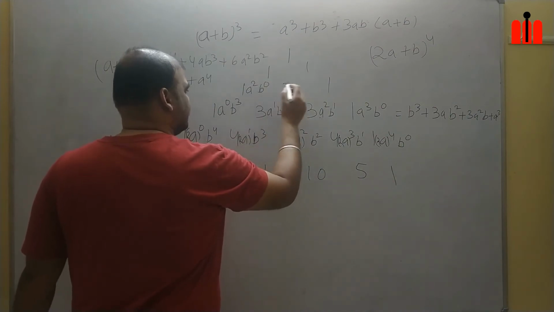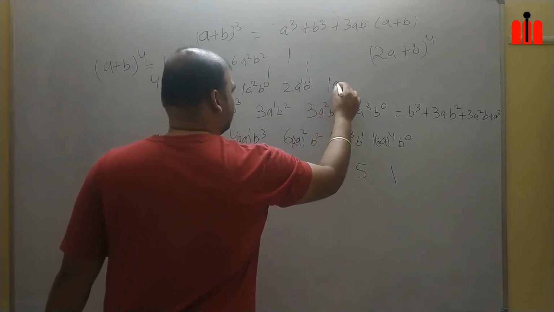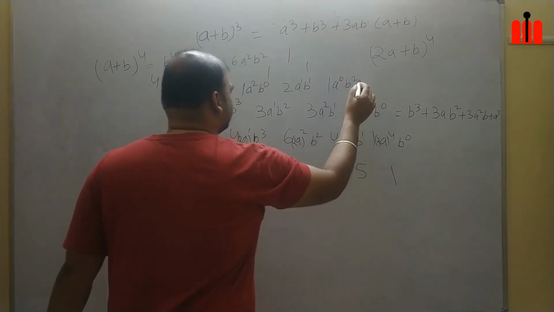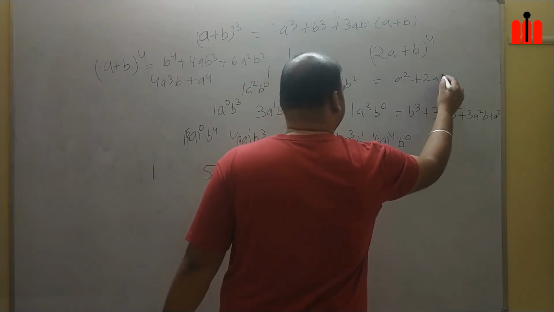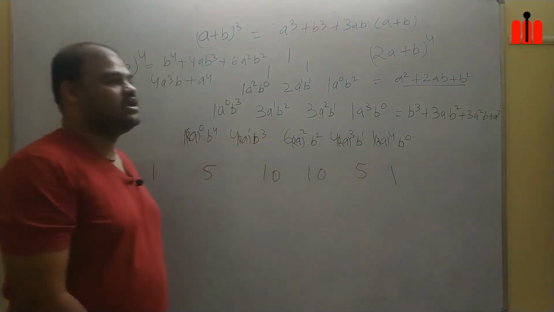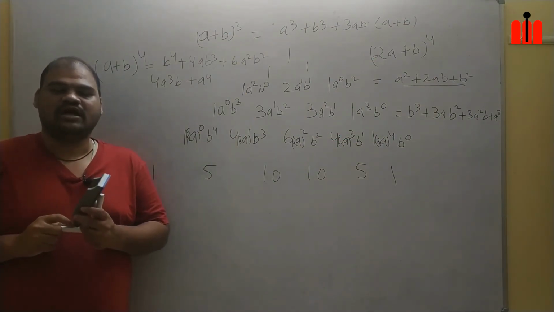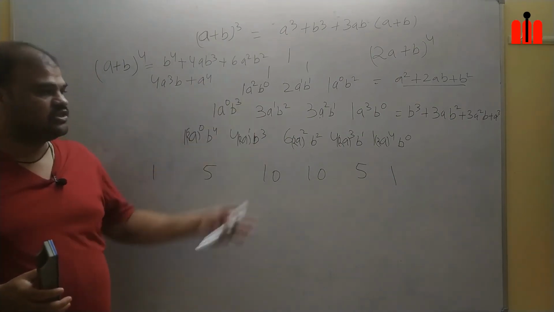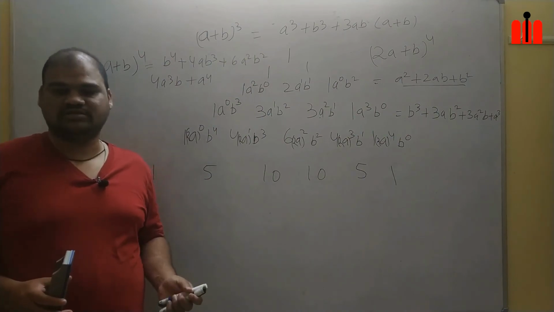Then a to the power of 1, b to the power of 1, a to the power of 0, b square. So it equals a square plus 2ab plus b square. This is the formula for (a plus b) whole square. So this is one of the triangles used to get the formulas.